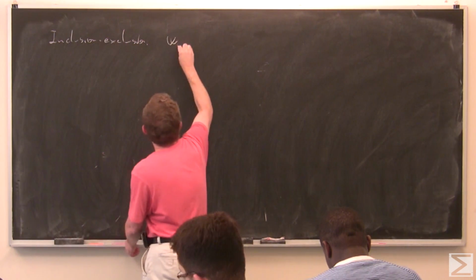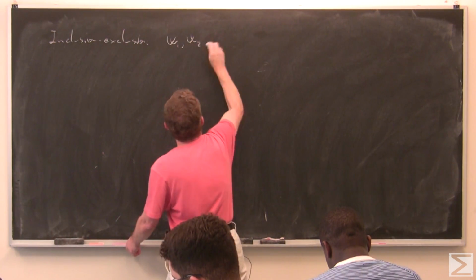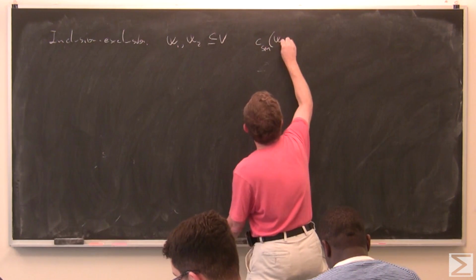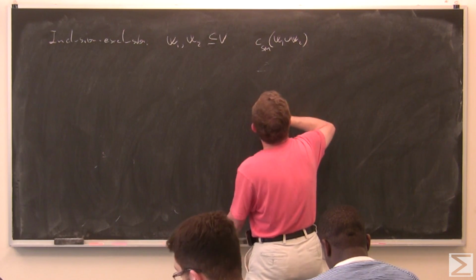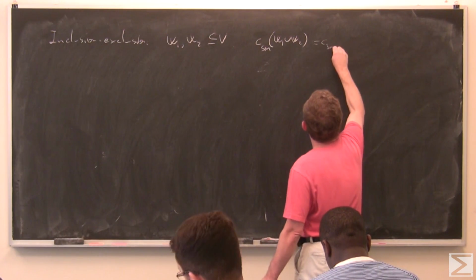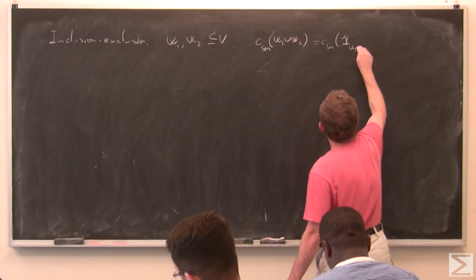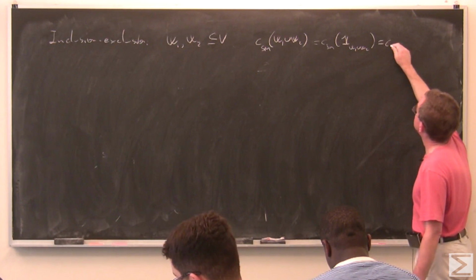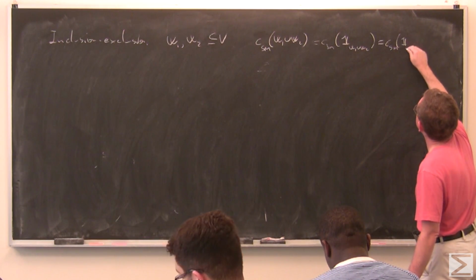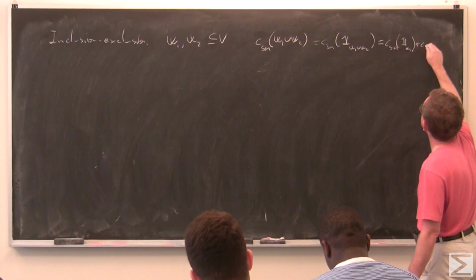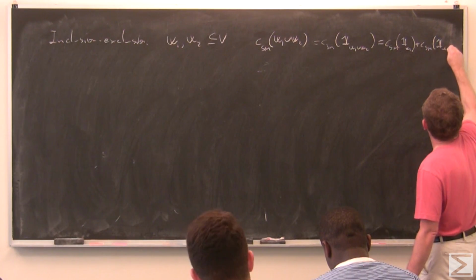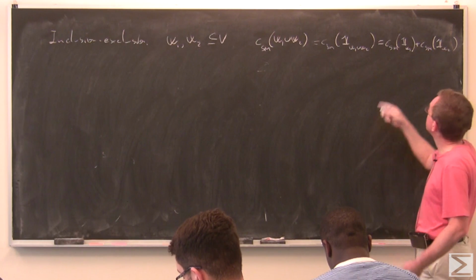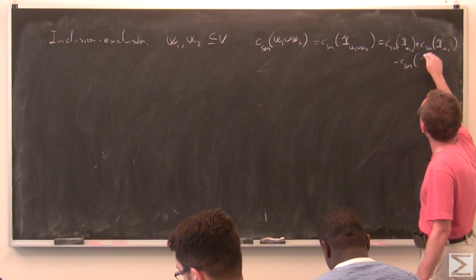So if you have W1 and W2 both inside V, then CSM of W1 union W2, well, that would be CSM of the indicator on W1 union W2. And what is that? Well, it looks like it should be CSM of 1_W1 plus CSM of 1_W2. But oops, that counts the intersection twice, and you don't want to count it twice, so you have to take the intersection away.